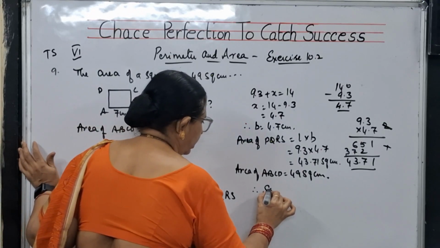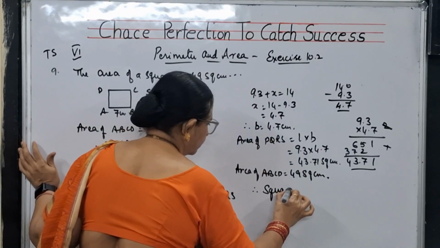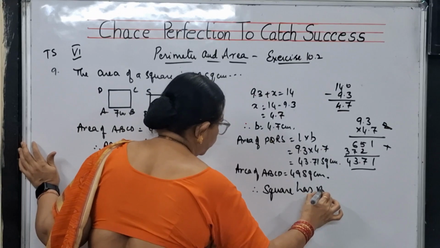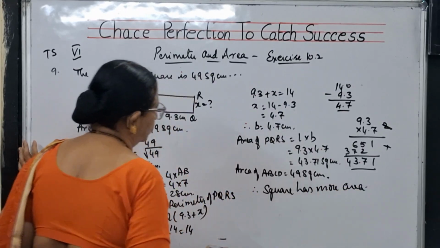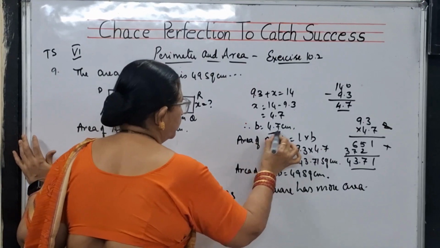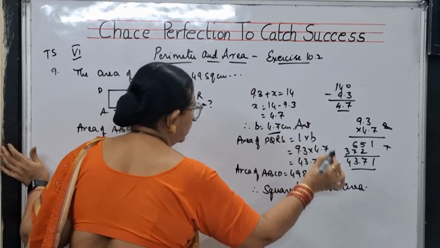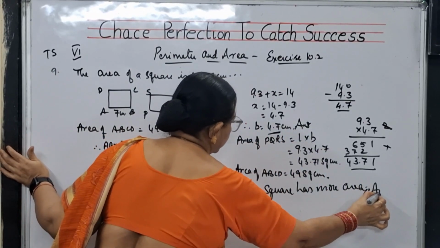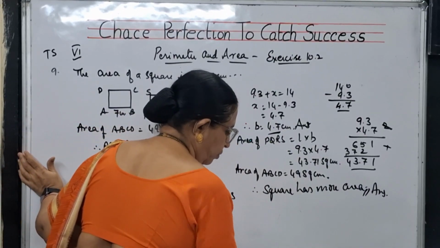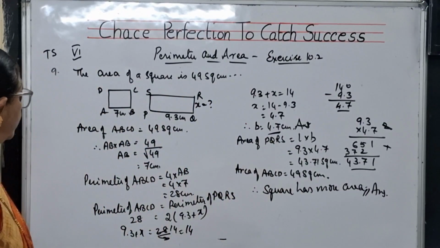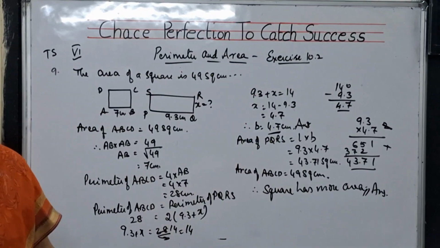Therefore, the square has more area. You can say it. So two answers, children. One is breadth, how much they are asking, you have written, and this is another answer. There are 2 bits in it. I hope I am clear, children. Please note it down. This is 9th sum.